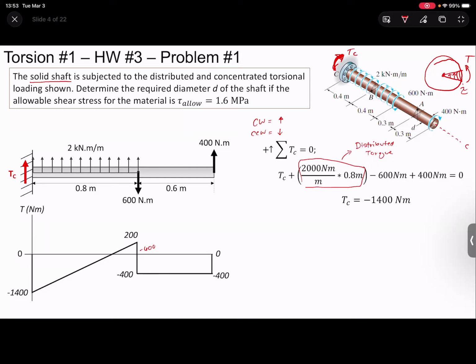Similarly to how we've been doing with the shear and the moment, this is needed to determine where the max is, because we know that T max is going to produce the maximum shear stress.